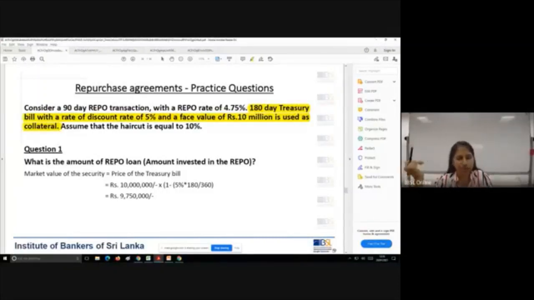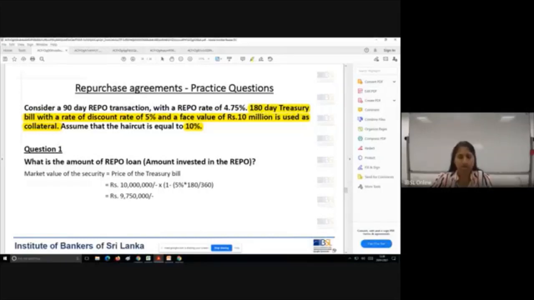That is purely giving you the details of the security. And then they have given you merely the 10% haircut. If they have given you the full repayment amount, then you could do a backward calculation based on your repo rate and get the repo amount.